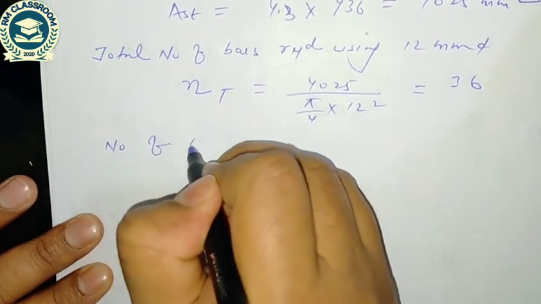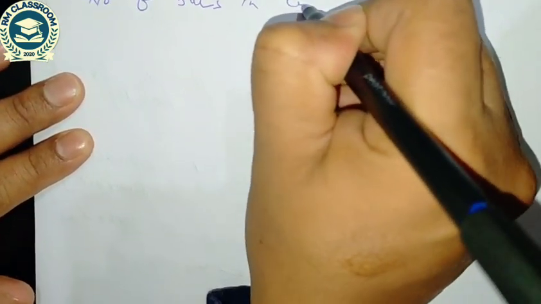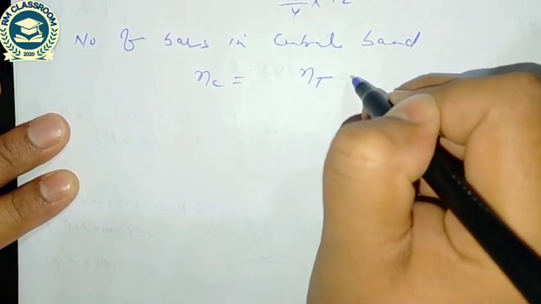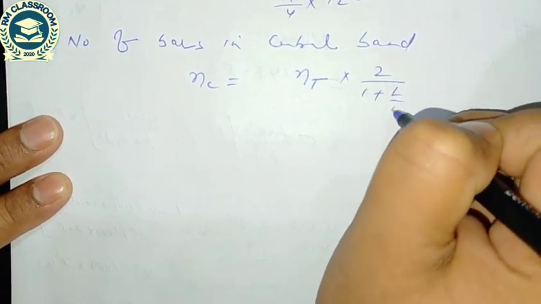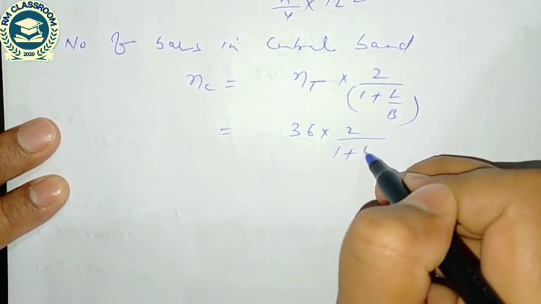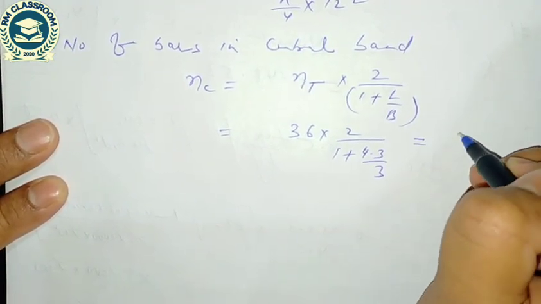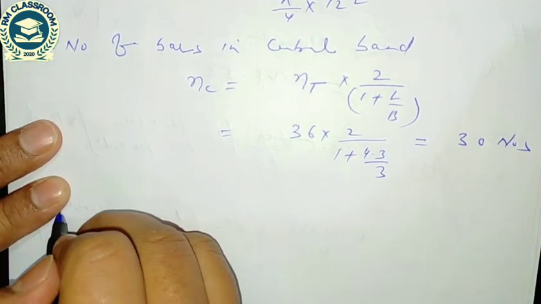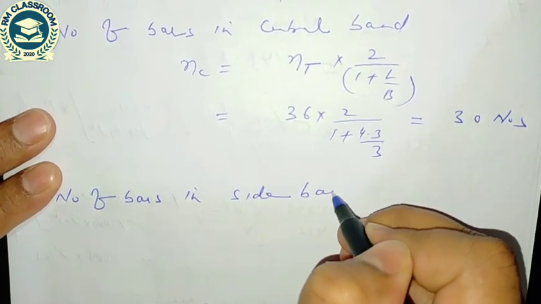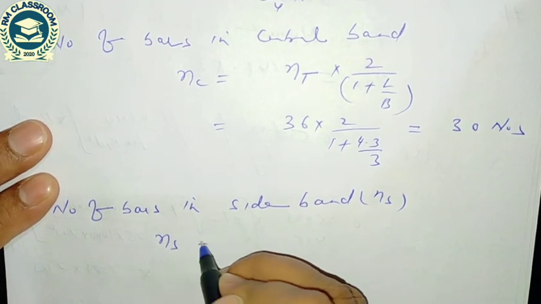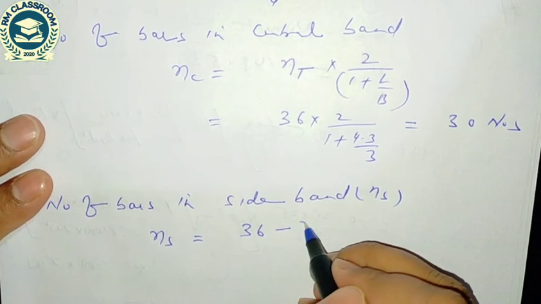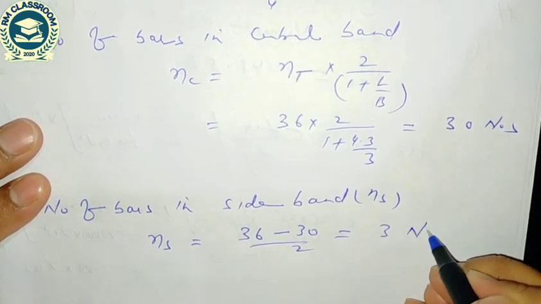Number of bars in central band, NC, we know the expression, NT into 2 by 1 plus L by B. NT is 36 into 2 divided by 1 plus L, 4.3 divided by 3, so it is coming 30 numbers. So number of bars in side band, NS, is equal to NT minus NC divided by 2, so it is 3 numbers.